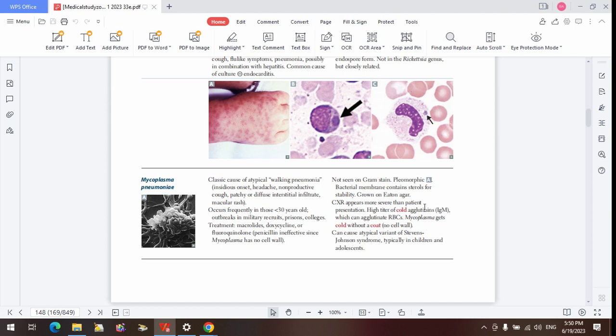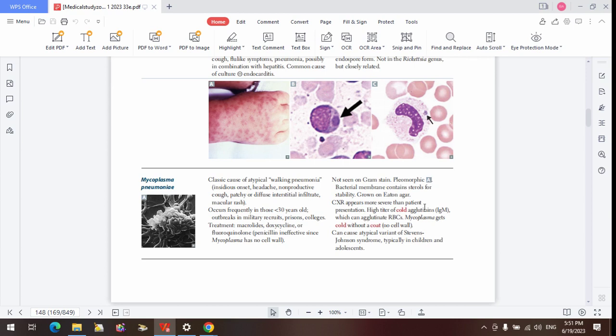So the typical culture medium, or the agar, for Mycoplasma pneumoniae is the Eaton agar. So the Eaton agar is the agar for Mycoplasma pneumoniae. We might have forgotten, but that is important. Then, because it is one of those causes of atypical pneumonia, we said that sometimes, if you do your X-ray, the X-ray finding is not in keeping with the presentation.